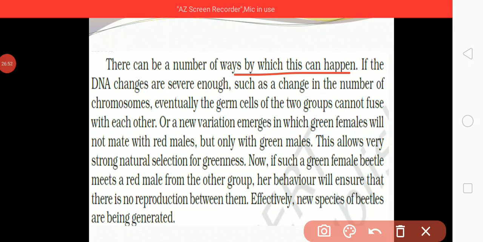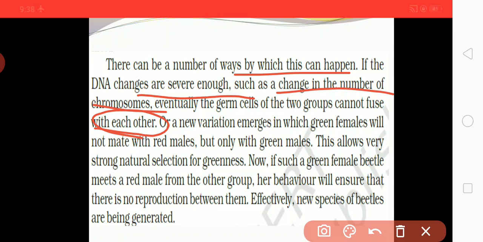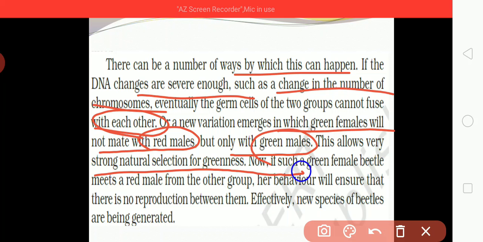If the DNA changes are severe enough, such as a change in the number of chromosomes, eventually the germ cells of the two groups cannot fuse with each other. Or a new variation emerges in which a green female will not mate with a red male, but only with a green male, and this allows very strong natural selection for greenness.